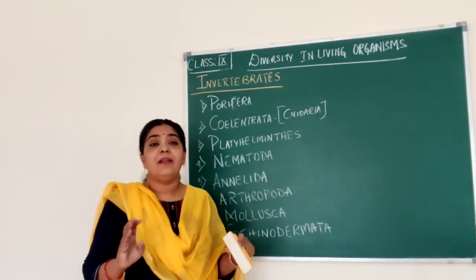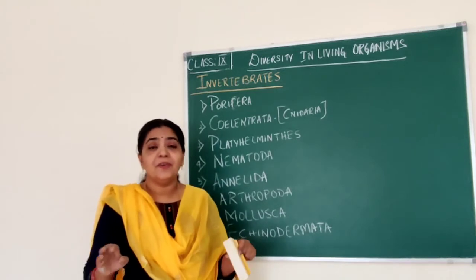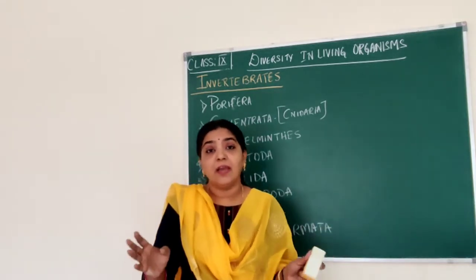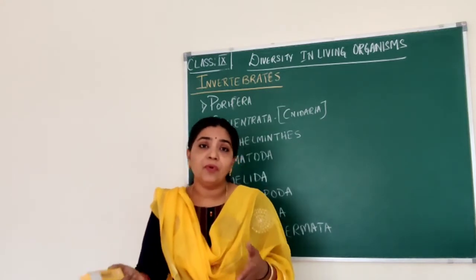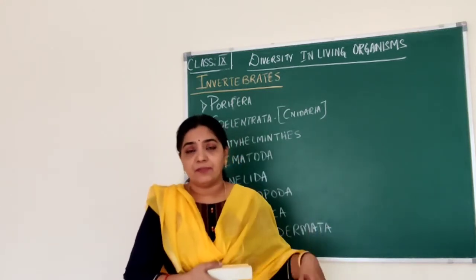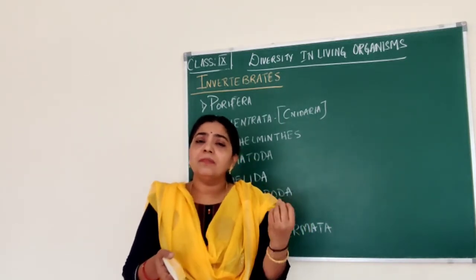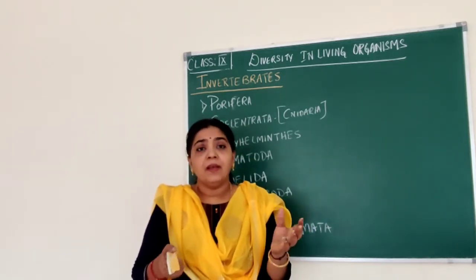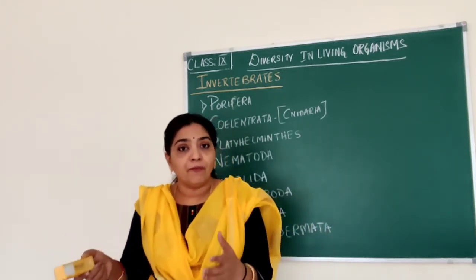We have a well differentiated digestive system, respiratory system, circulatory system. We are really evolved or advanced organisms, right? But the organisms we are going to study show a simple body structure, and as we go on studying, we come to know how we have evolved.